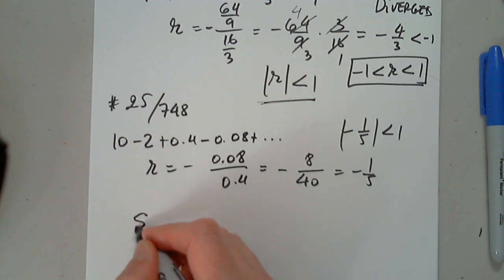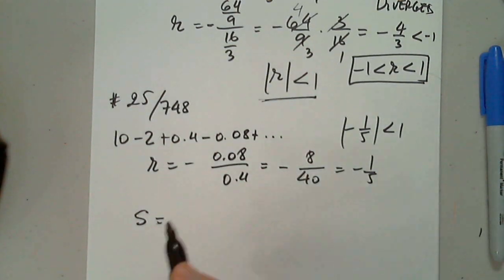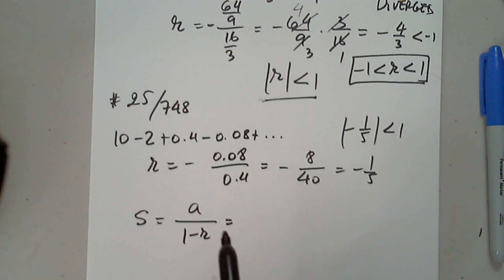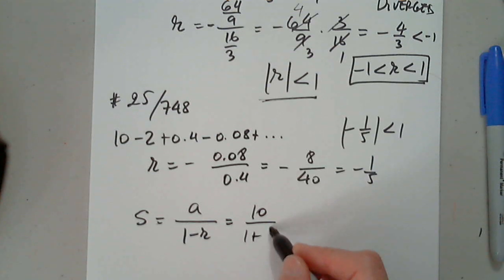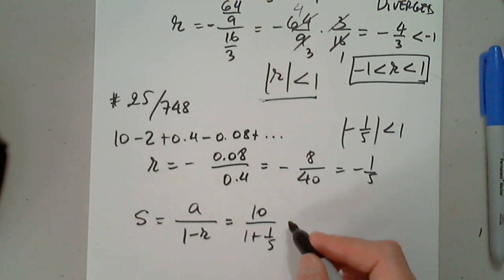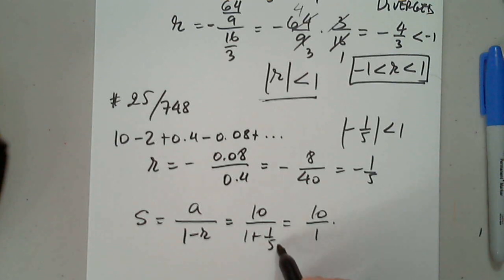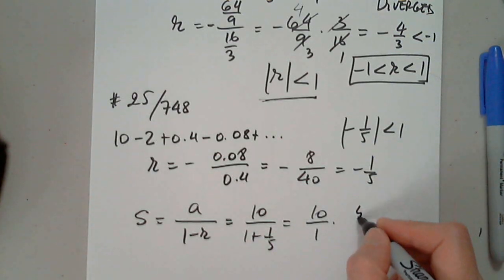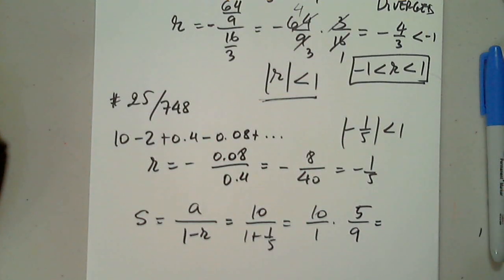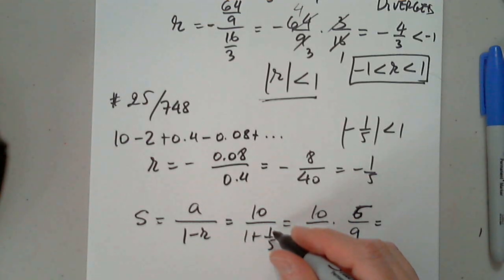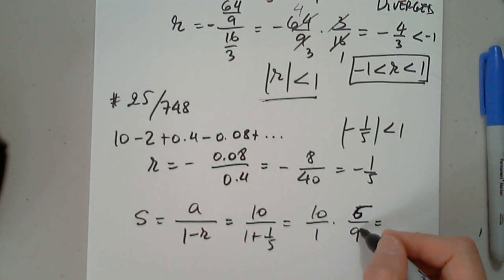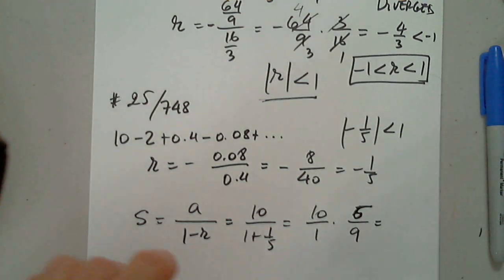And very simple, in determining its sum, it will be a divided by 1 minus r. So a in our case is 10. 1 minus r is 1 plus 1/5, because it's negative, careful. So 10 divided by 1 plus 1/5, and this is 6 over 5, so it becomes 10 times 5 over 6.